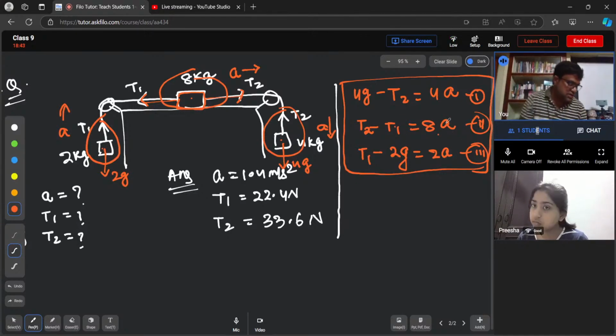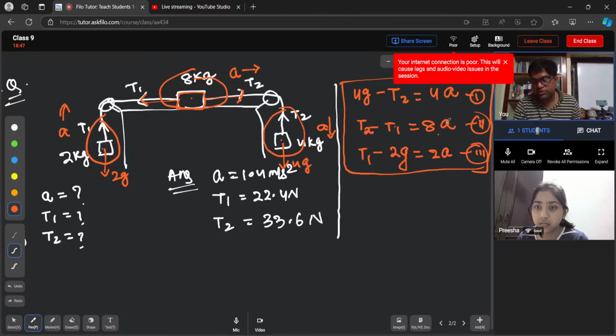Three variables are there. So for three variables, we have to first convert to a two variable equation. So if we convert three variables to two variables, what will we do?